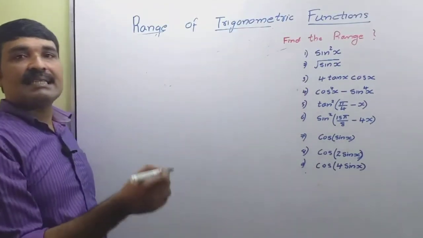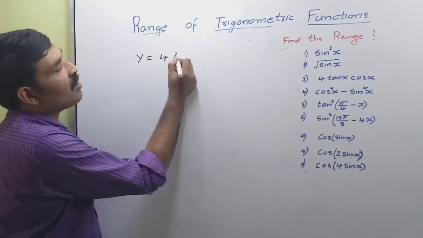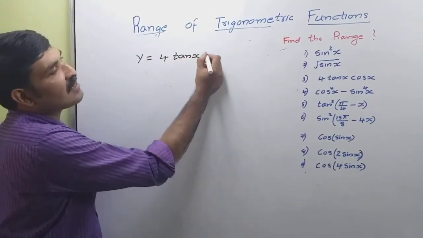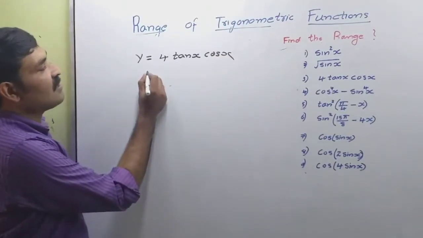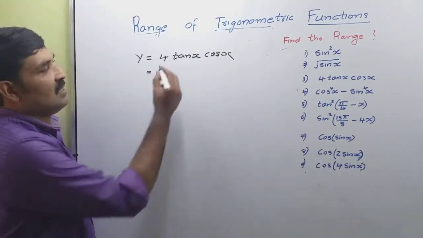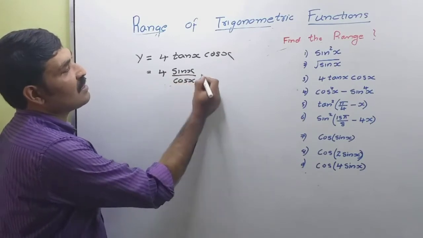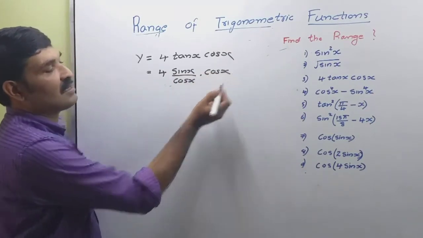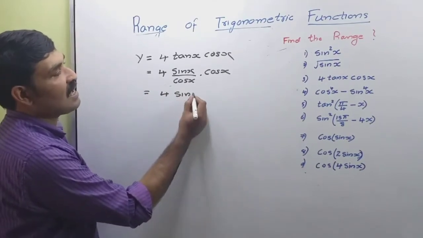Consider the third example, that is y is equal to 4 tan x cos x. You can write this as 4 into tan x, which is sin x by cos x, into cos x. This is equal to 4 sin x.